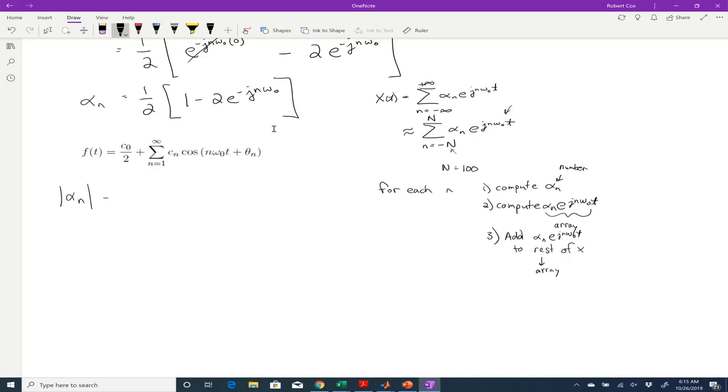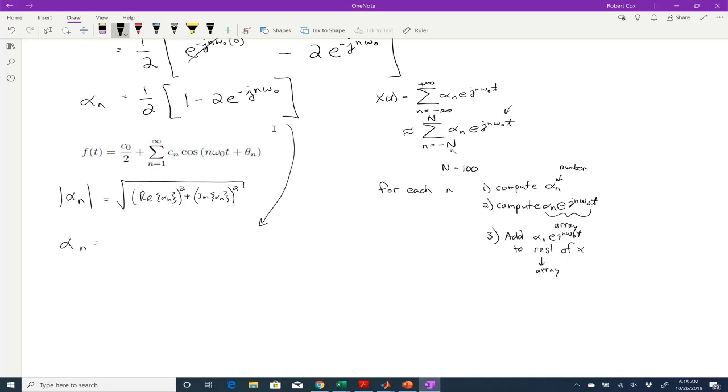The way you get the magnitude of a complex number is you take the real part squared, so the real of alpha n squared, plus the imaginary part of alpha n squared. Well, that means I have to convert alpha n into rectangular form, and this is not in rectangular form.